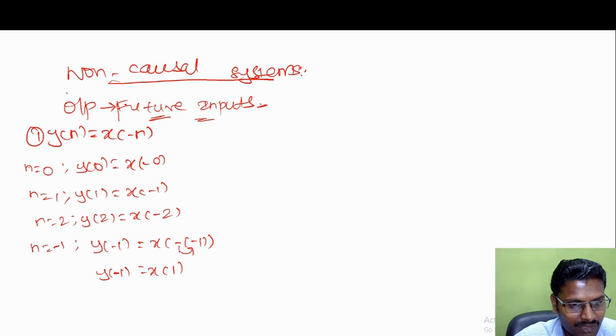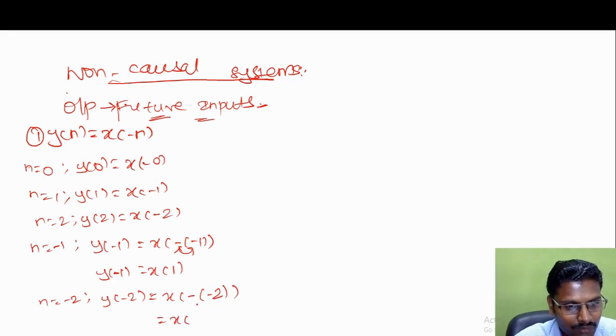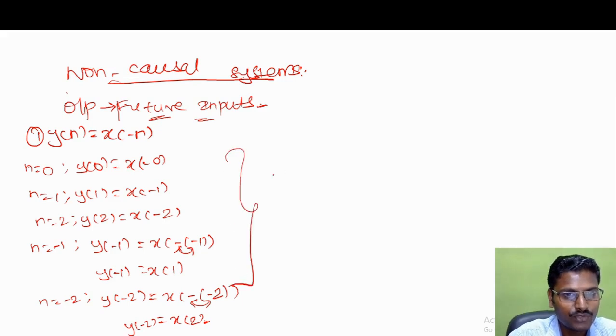Minus into minus is plus, right? When n is equal to minus 2, y of minus 2 is equal to x of minus of minus 2. Minus into minus will become plus, so x of 2. So when n is equal to minus 2, I get x of 2 as the input, right? From this, when I substitute positive values, I am getting negative indices, and when I substitute negative values for n, I am getting positive indices.